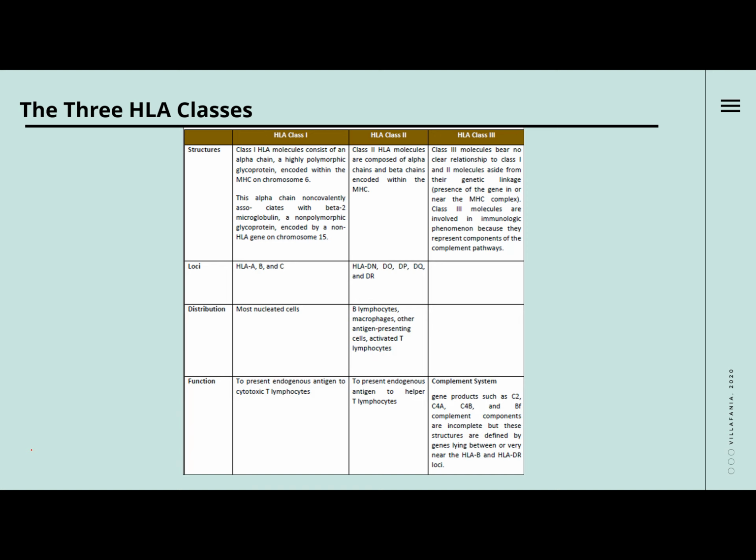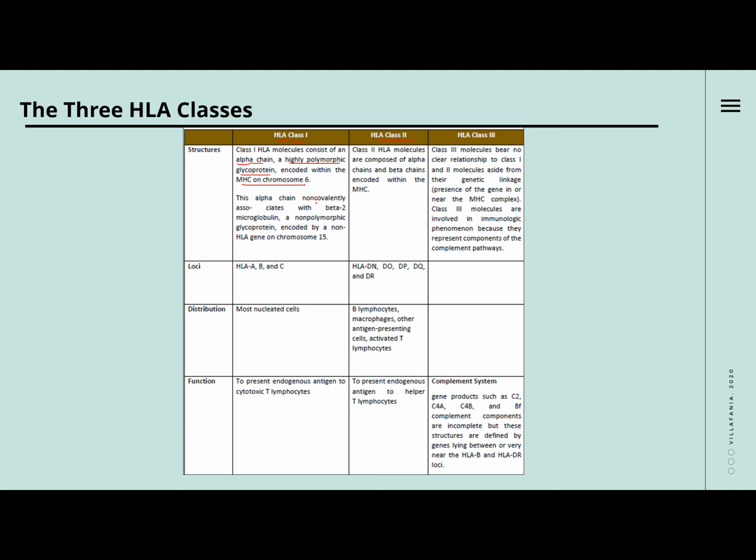Okay, let's continue. Now, the three classes of HLA. We have your HLA class 1, class 2, and class 3. The most important ones, class, the ones usually encountered, are class 1 and class 2. So, please take note, class, that the structure of class 1 HLA molecules consists of an alpha chain, a highly polymorphic glycoprotein encoded within the MHC on chromosome 6.